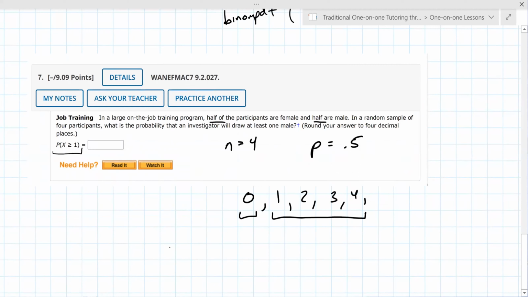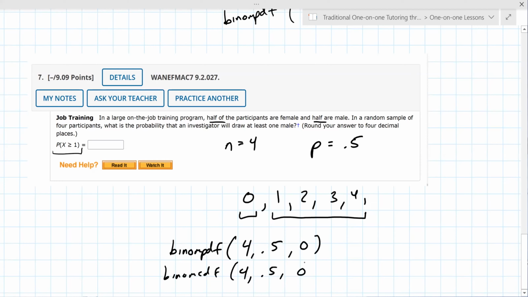You can either do a binomial PDF at 0, so 4, 0.5, 0, or you can do a CDF and they give you the same value at 0. Because it wants greater than 1, you need to get this number, either one, and then subtract it from 1.